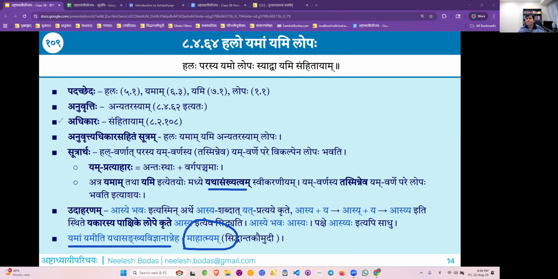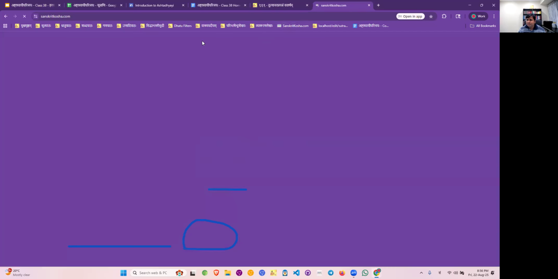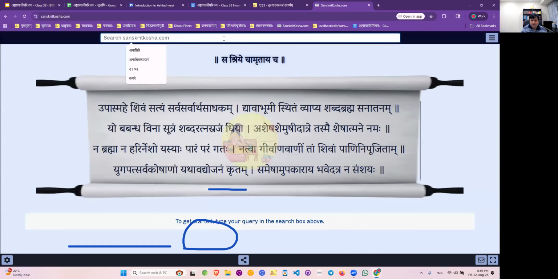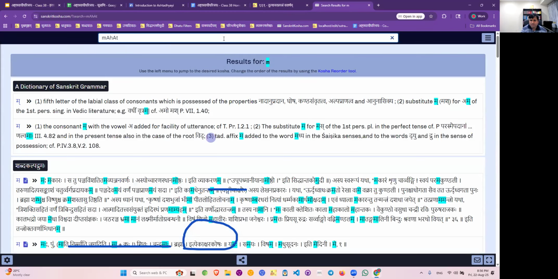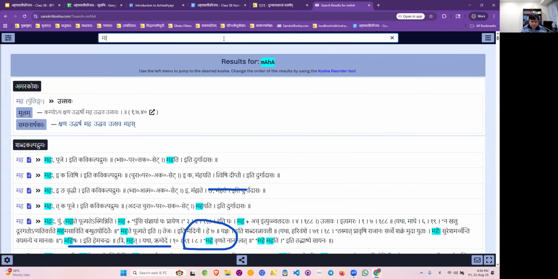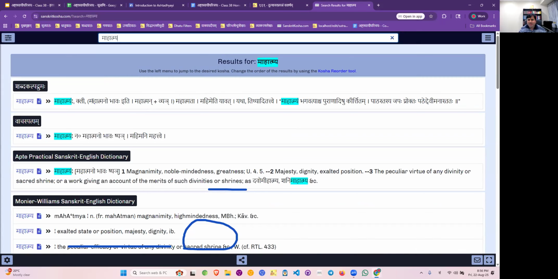What is mahatmyam, kasya bhavaha? Let's try seeing this. This will keep me awake. Mahatmya. Mahatmanaha bhavaha iti mahatmyam. So mahatmata is mahatmyam.